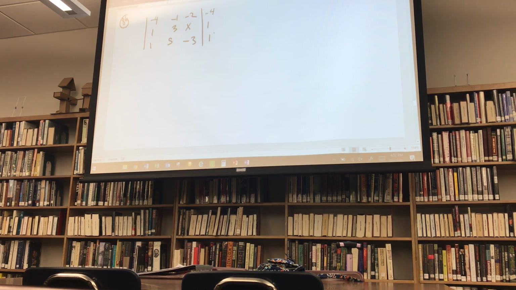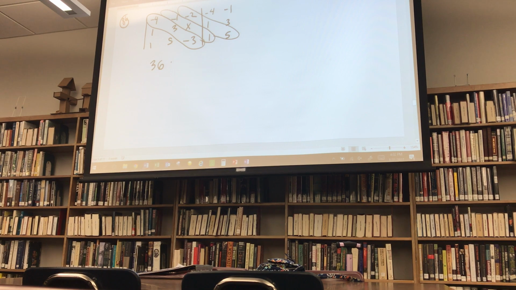So negative 4, 1, and 1, and negative 1, 3, and 5. And all the diagonals that run the direction that you read a book, so upper left-hand corner to the bottom right-hand corner, I'm going to keep all those signs, right? So my first diagonal, I'm going to multiply those together, and that's going to give me 36.